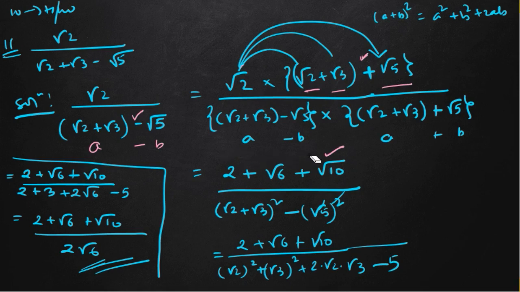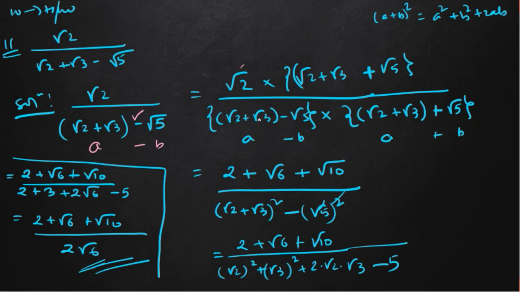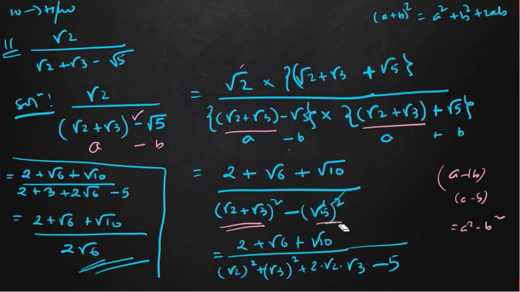Again, in the denominator, if we see clearly, let us rub this. This is of the form a minus b, a plus b. So we have the formula a plus b into a minus b, which is a square minus b square. After solving this, here you have to apply the formula of a plus b whole square.